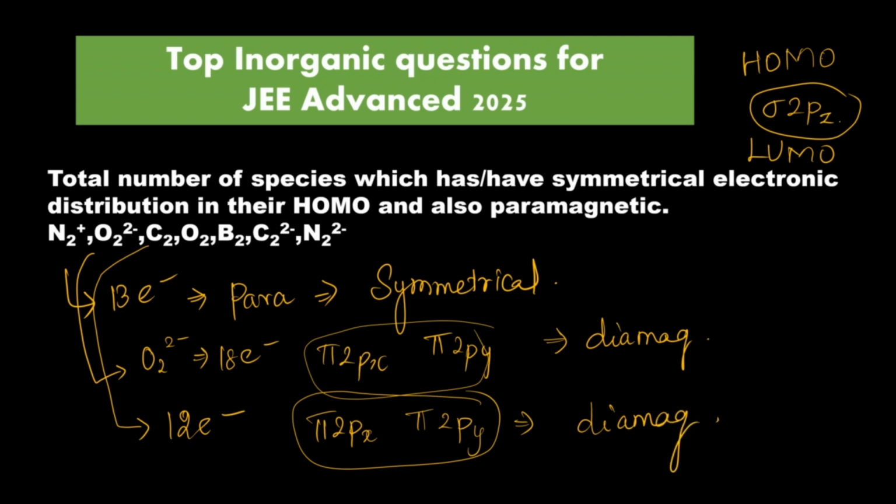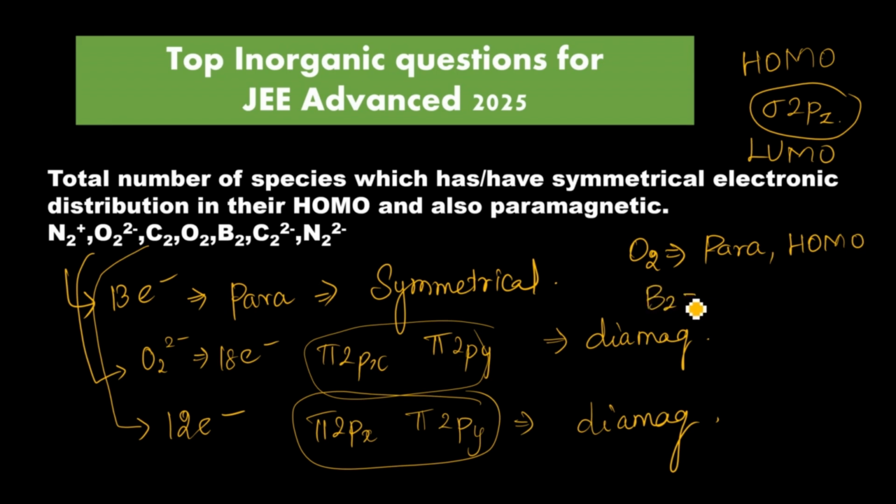So as of now, 1. Moving on to O2. I'm writing O2 over here. O2 will have 16 electrons, isn't it? That is paramagnetic. What about HOMO? That is symmetrical also, because with 16 electrons it will have pi star 2px1 and pi star 2py1. So this has both the conditions satisfied.